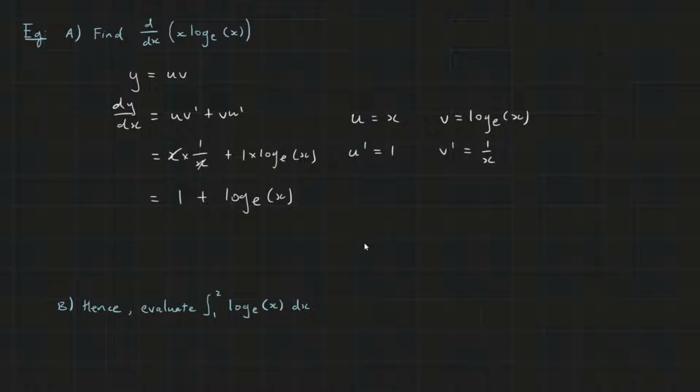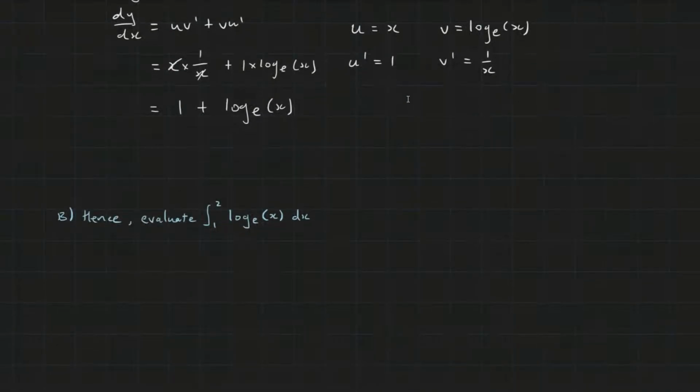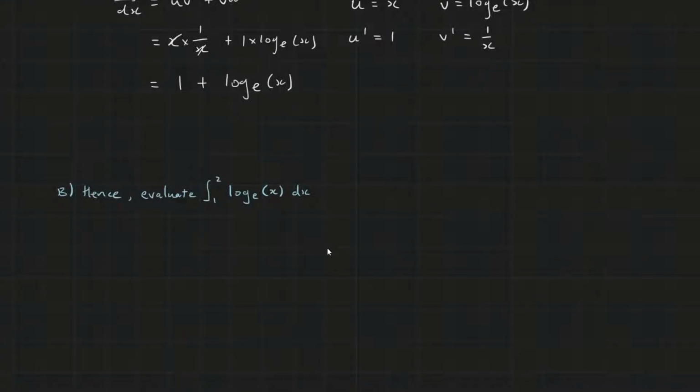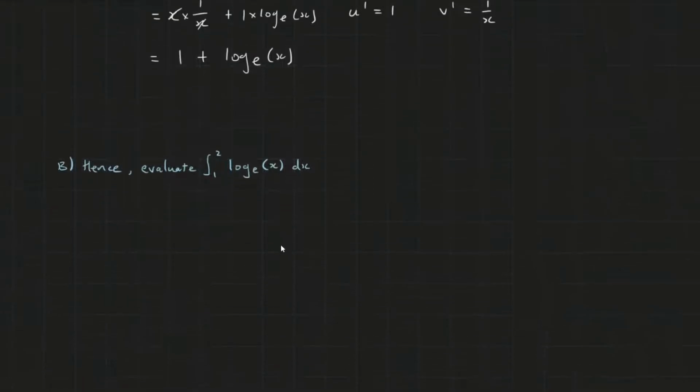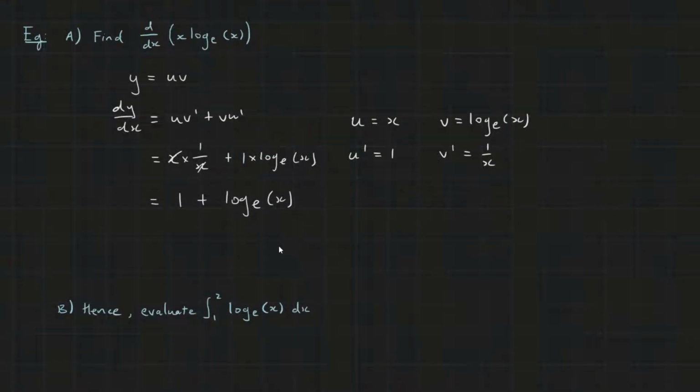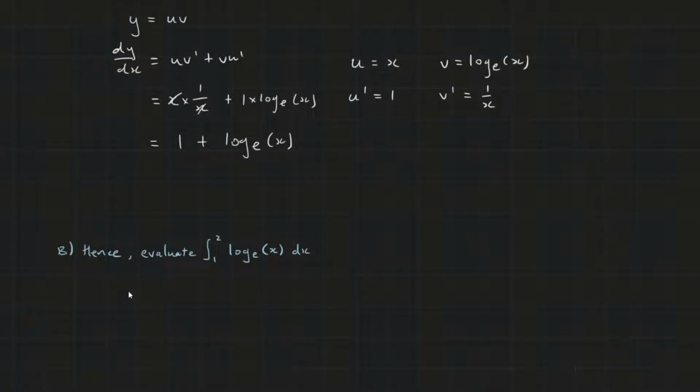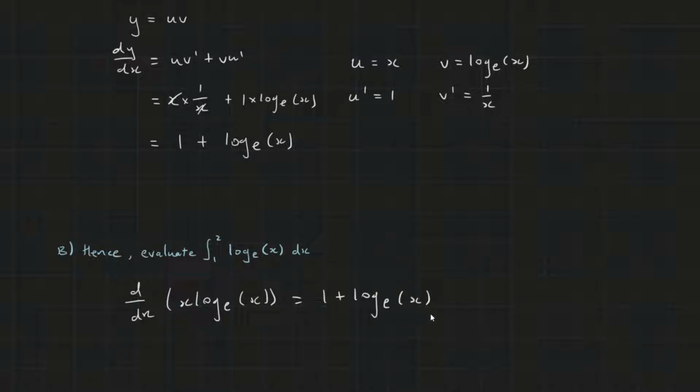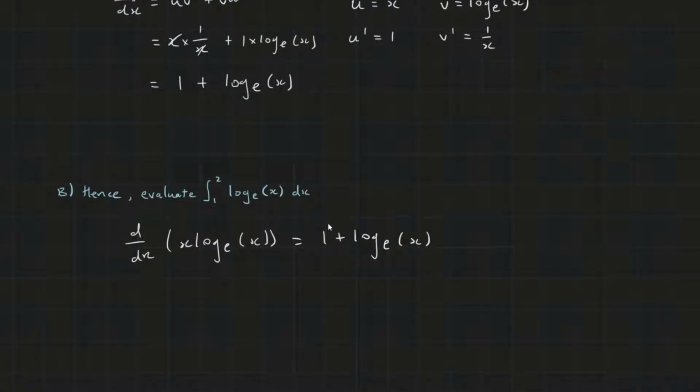Sweet. Now, part B asks us to evaluate some sort of integral. Now, you might be thinking, how does this integral relate to the previous question? What we have to recall is that integrals are the opposite of derivatives. So for example, if I just found in the previous question that the derivative of x log e x is equal to 1 plus log e of x, I can rewrite this as an integral.